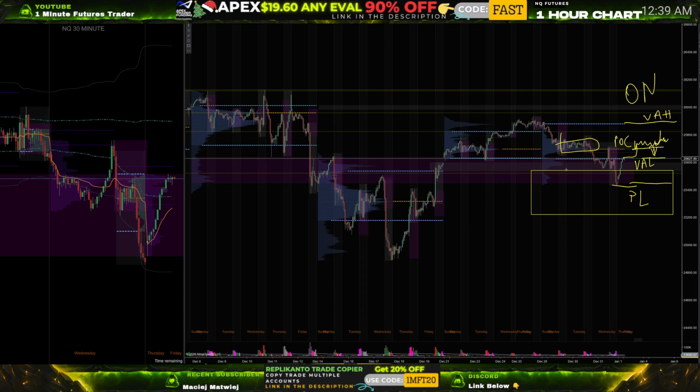Once the price goes inside a value area and stays inside the area, it's very possible to test the point of control and test the other side, the value area low. There are some dips, like in this example, right? The price can bounce from the point of control and test again.